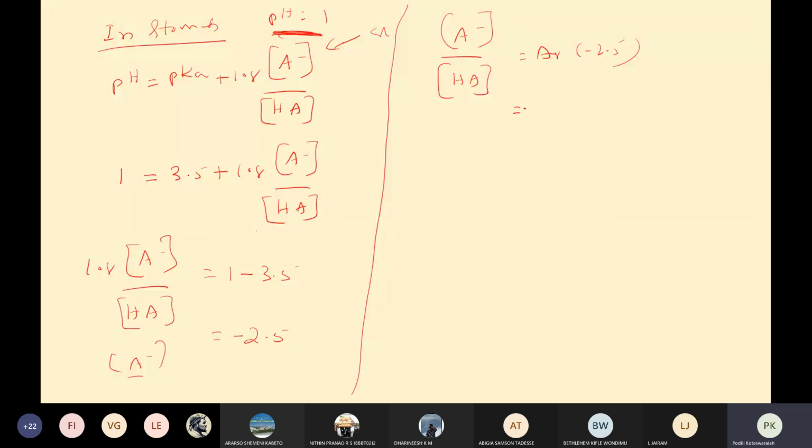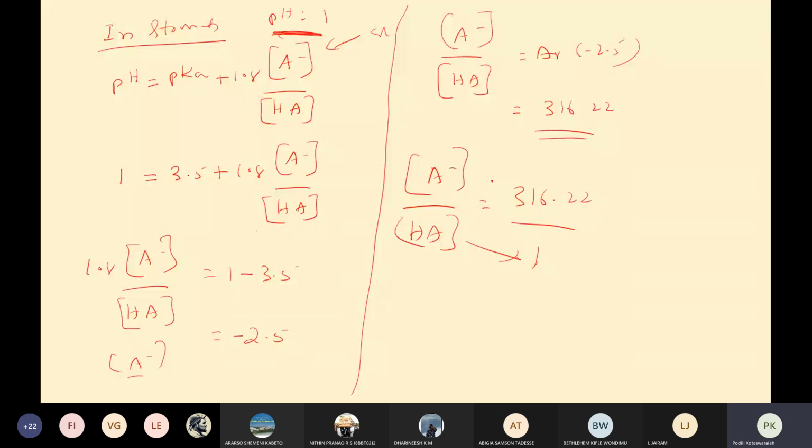That gives 316.22. So that means for every 1 mole of HA, 316.22 moles of A minus is present.